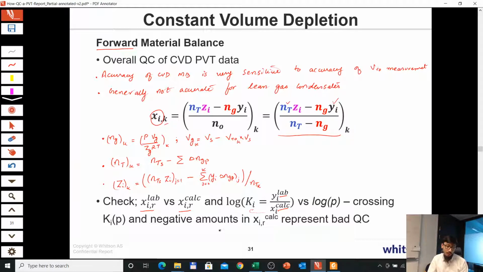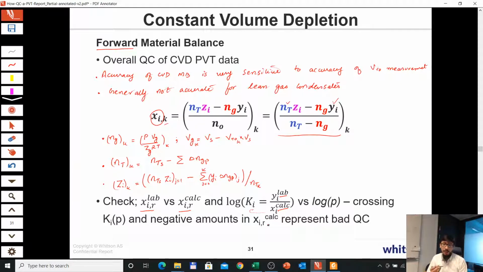What you will not be able to do in the forward material balance is compare the calculated residual oil composition with the lab reported residual oil composition. But that's not the most important thing in this forward material balance. The most important thing is that you see the K value plot, and there should not be any crossing. You should not get any negative amounts for the calculated residual oil composition at the last stage or even at any pressure stage. And if you have any crossing or these negative amounts, then it represents a bad QC.